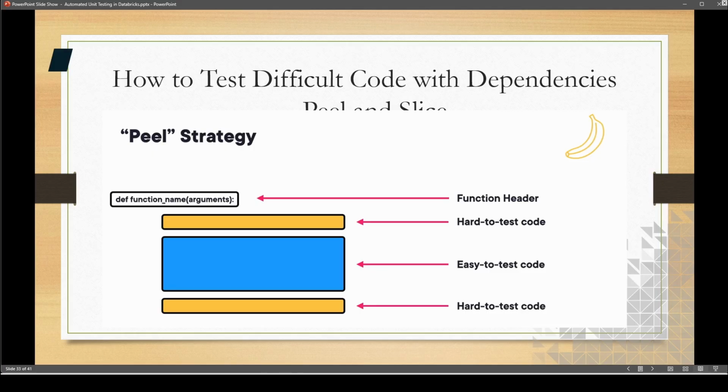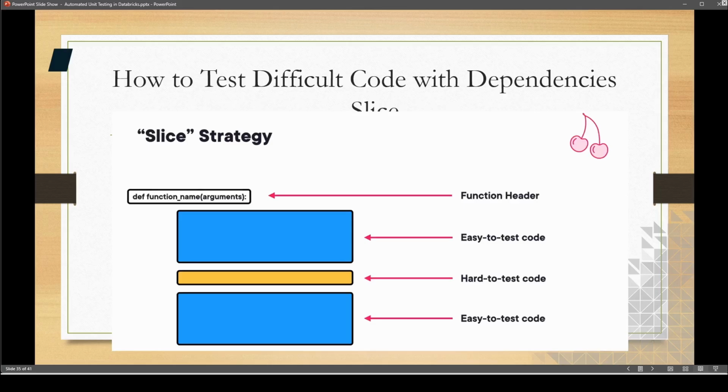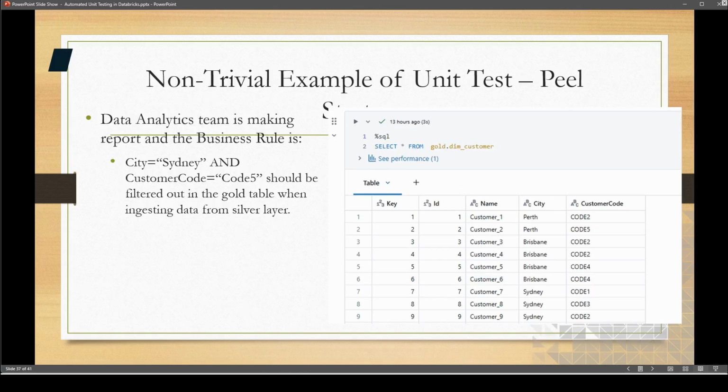So what we can do is refactor it and take the blue part out. We have kind of peeled the main ingredient, the banana, out of that process and encapsulated it somewhere else, and from the pink line, we just call it. So now we have isolated the easy part from the difficult part. The other strategy, slice, I'm not going into unless that's what you want to cover.